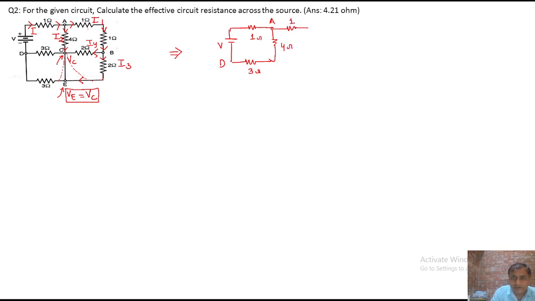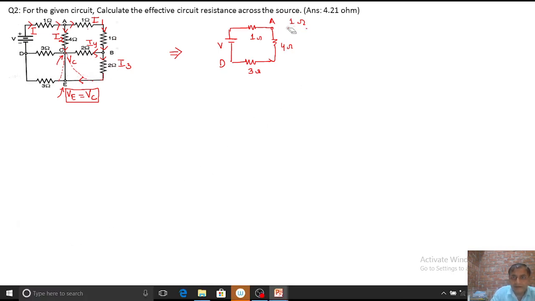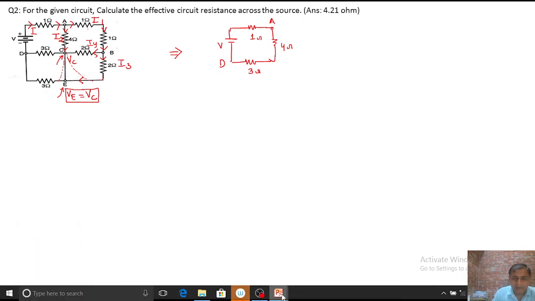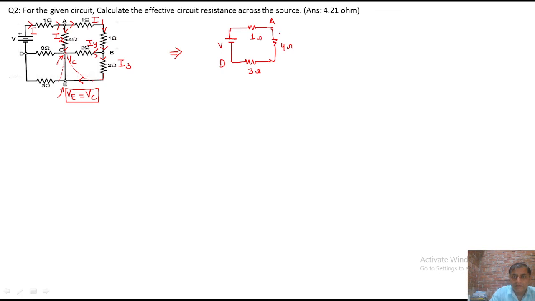this is the 1 ohm resistance, but this 1 and 1 both are in series. When both are in series, A to B is connected with 2 ohm, because this 1 and 1 are in series, written as 1 plus 1.